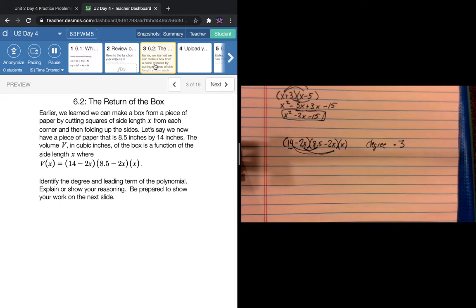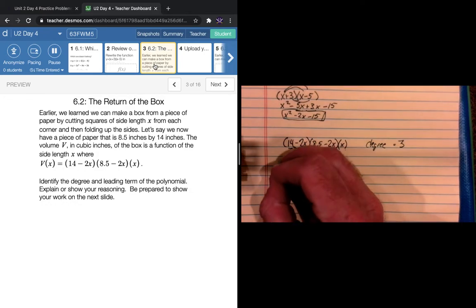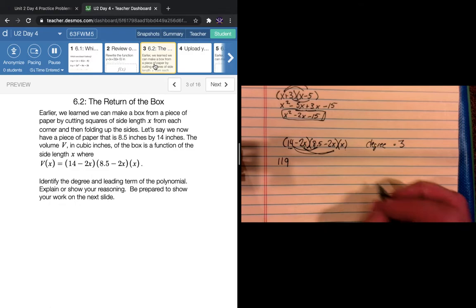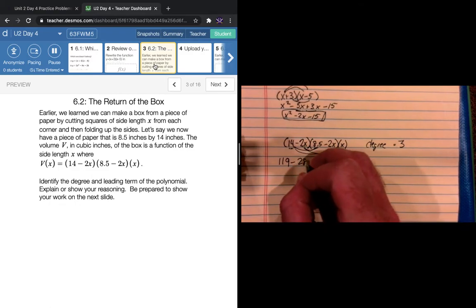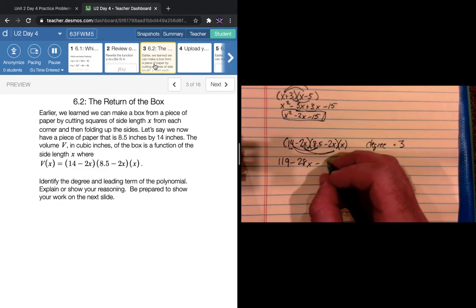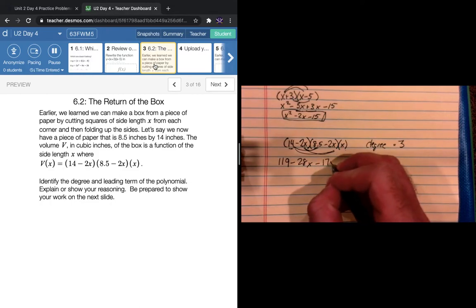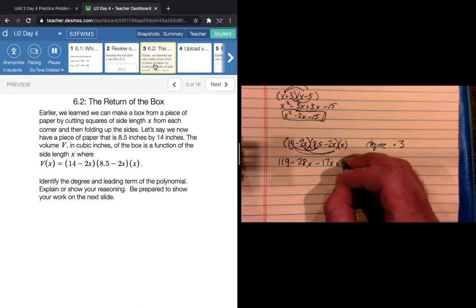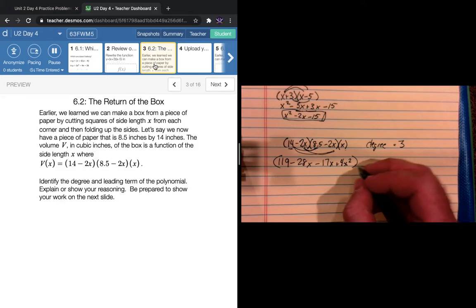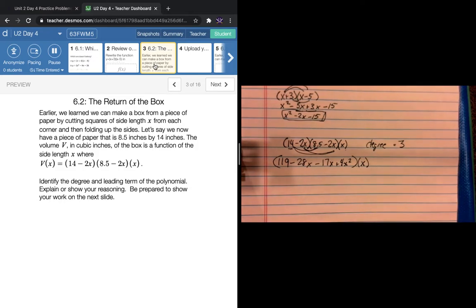Let me use my calculator. 14 times 8.5, we're going to get 119, minus 28, what would that be, 16, 17, x, and then plus 4x squared. So all that's going to look like this.